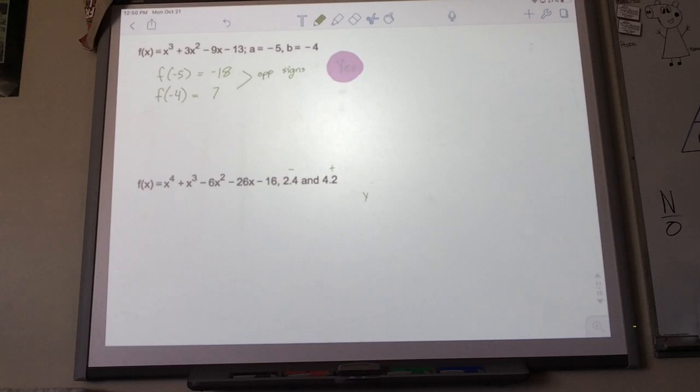So yes, there's a 0 between those. That's what that theorem says. I don't know why it's called a theorem, because it's a fact. It's obvious. Okay? We are almost done.